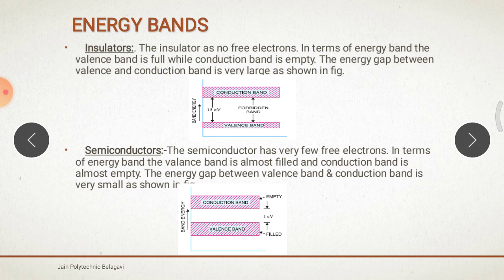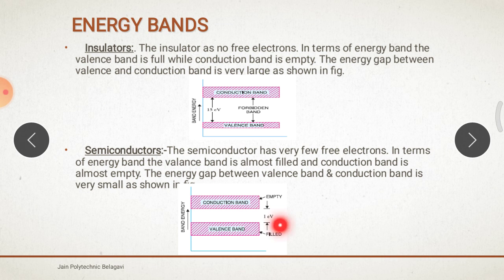So the gap is small, and if you give some energy, it may be light energy or electrical energy, the valence band electrons can jump to the conduction band and conduction can take place. To flow current, we require free electrons, and those free electrons will be in the conduction band.